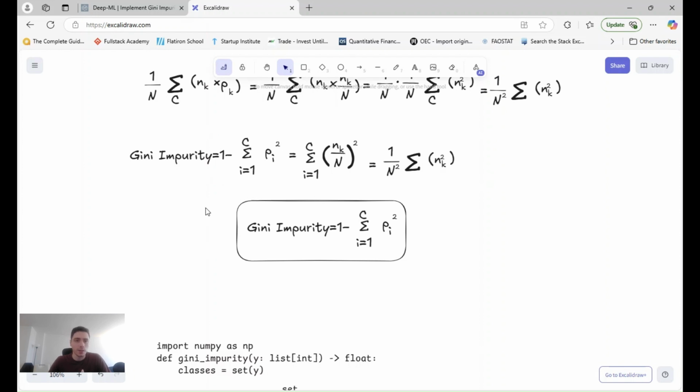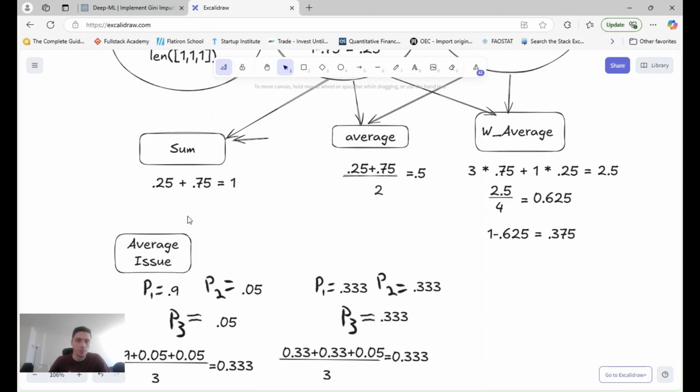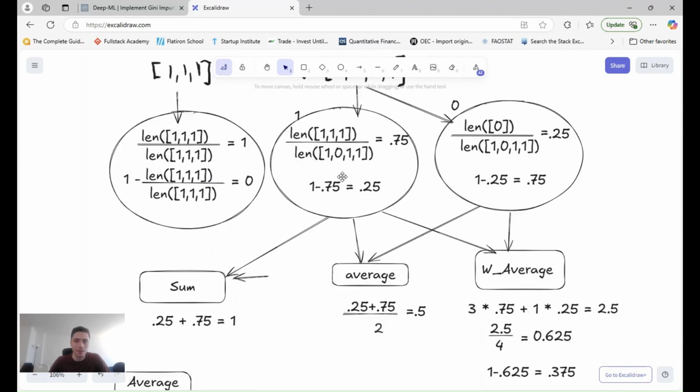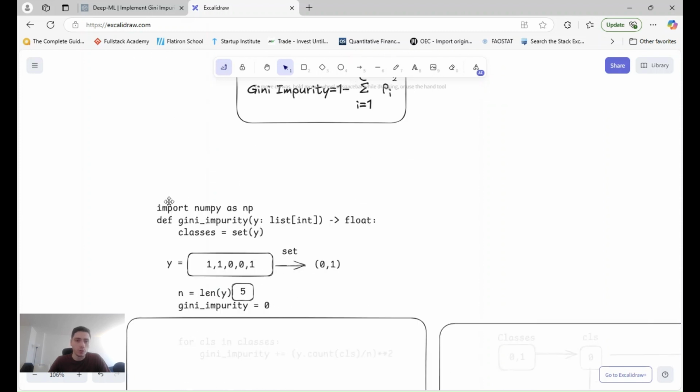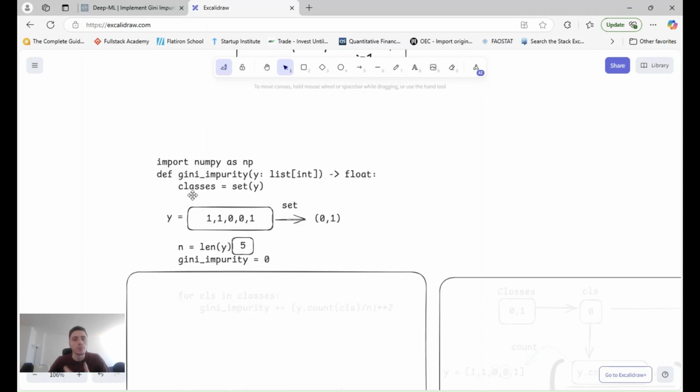So now that you understand Gini impurity from the ground up, from a small example all the way to the actual formula, we could work through the solution programmatically. First, let's assume we have a list of integers of all different classes. For example, y equals 1, 1, 0, 0, 1. You could say it's apples or pears or whatever class structure you want.